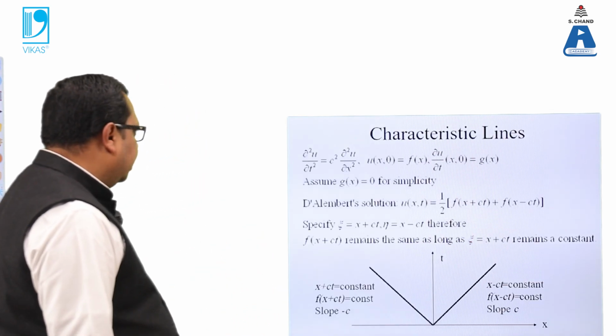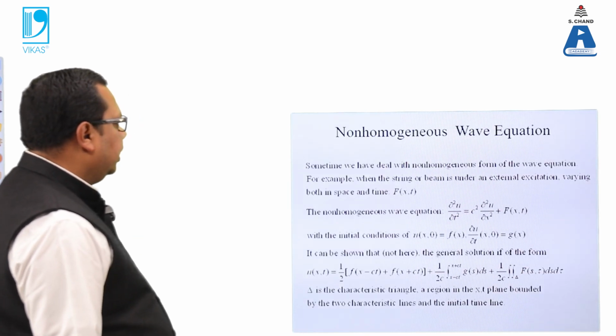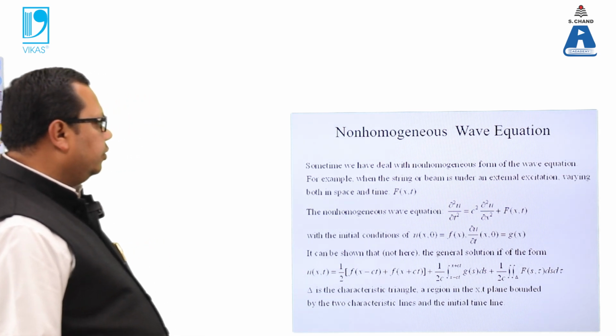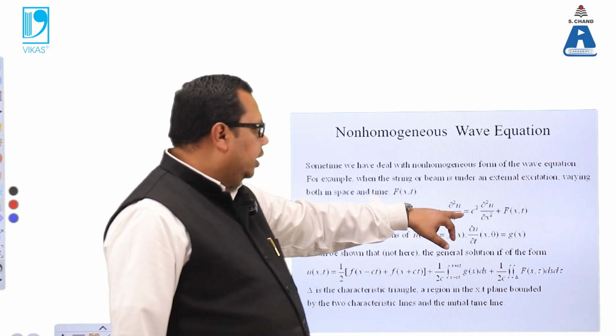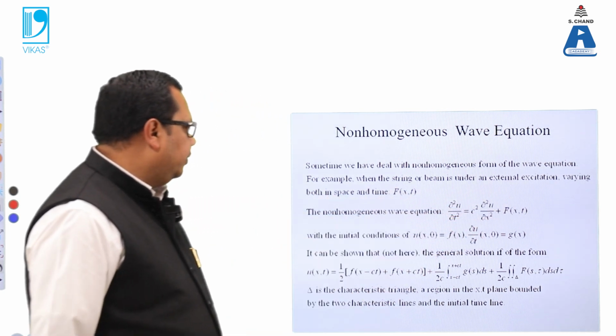Then we have discussed this characteristics line. After this, we have to calculate the non-homogeneous wave equation. In the non-homogeneous wave equation, d2u by dt square is equal to c square d2u by dx square plus f(x,t).